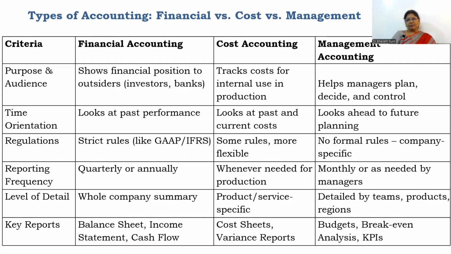We can also prepare a master budget, sales budget, and cash budget. Next, we also do break-even analysis. What is break-even analysis? Here we prepare PV ratio, margin of safety, BEP, etc. We also prepare key performance indicators, that is KPIs, in management accounting.